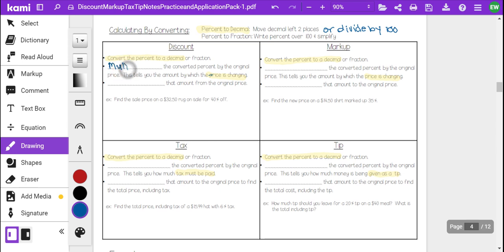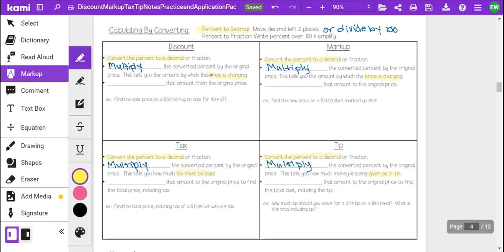Remember, of is one of the words we used, and of means to multiply. So 20% of 40, 15% of 100. So the second step is always going to be multiply that decimal that you just had, the converted percent, by the original price.